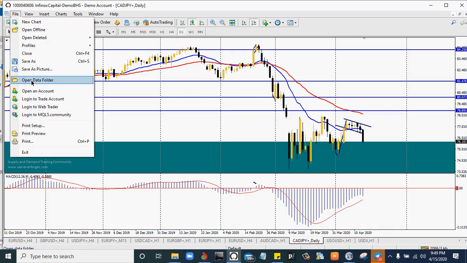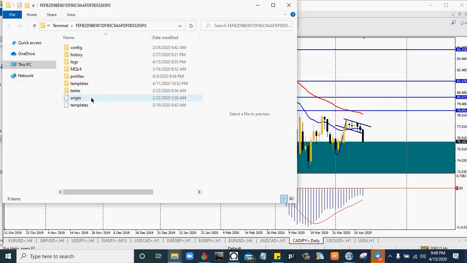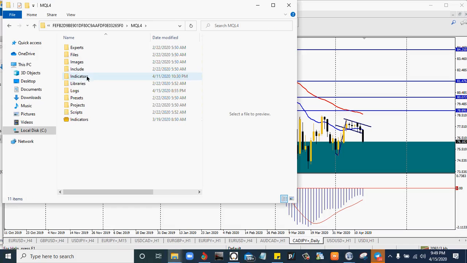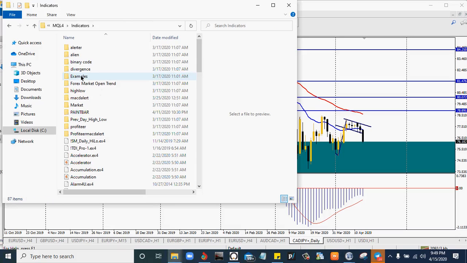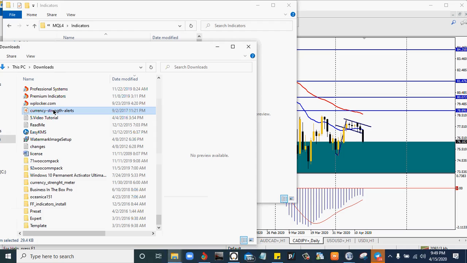You go to file, go to open data folder. Under that, you are going to go to MQL4. Under it, you see indicators. So you click on indicators. So simply you copy from your system and paste it inside this indicator window. Okay, so I go to where that file is. I copy it.